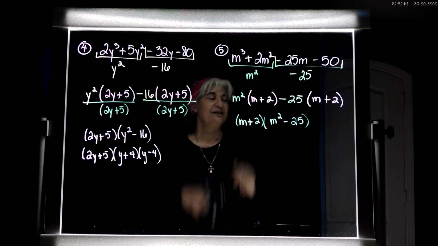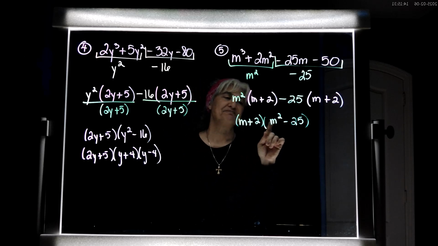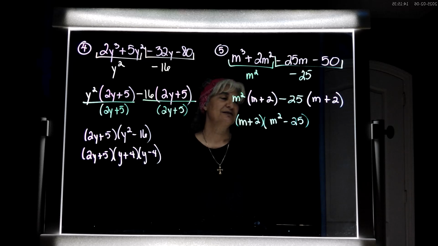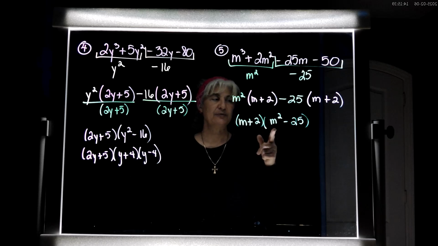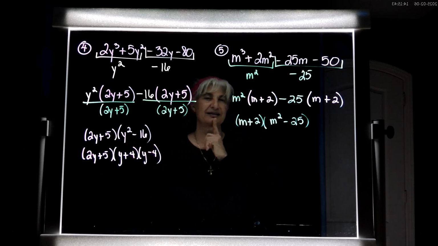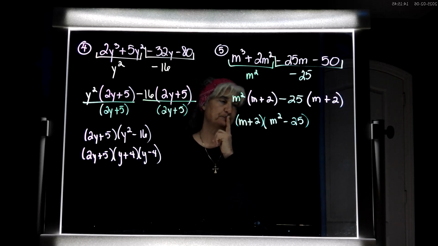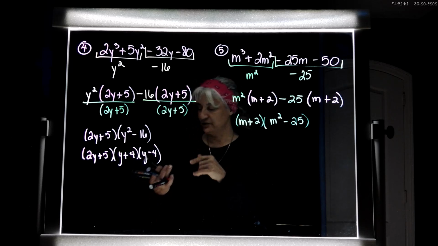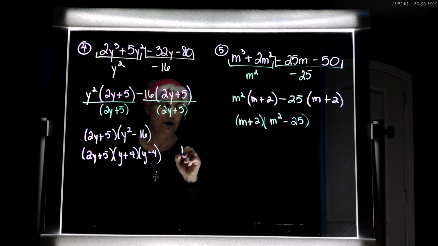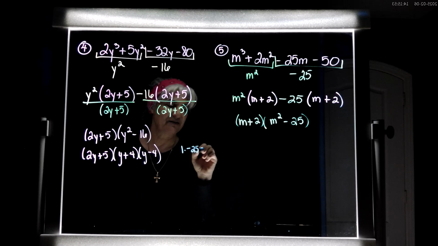Done? Nope, not finished yet. This is a square. It's probably going to still factor. And I'm noticing that m squared minus 25 is very similar to y squared minus 16. Very similar. And if I do that whole process of 1 times negative 25, I get negative 25.